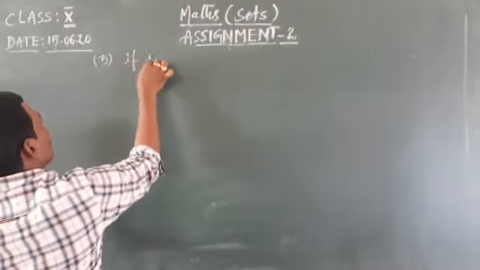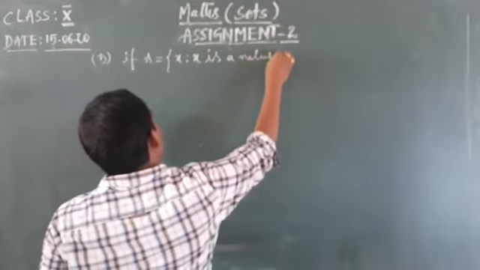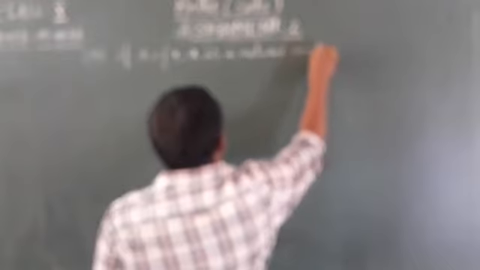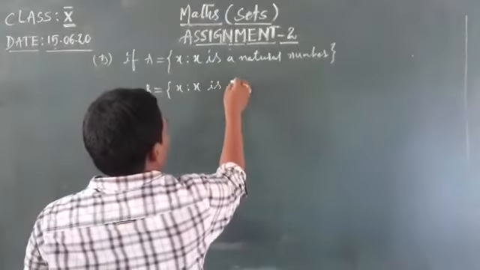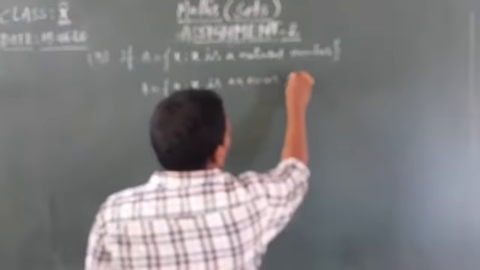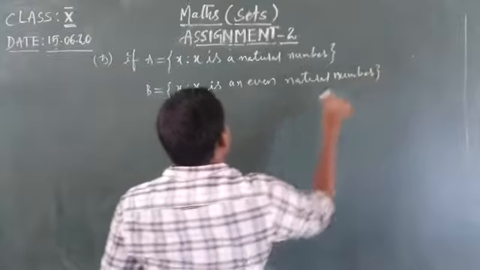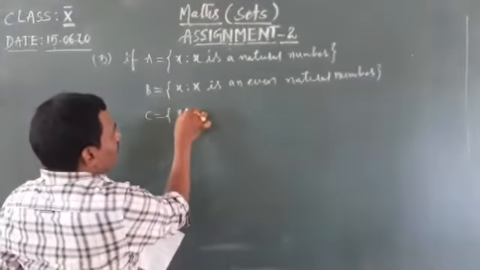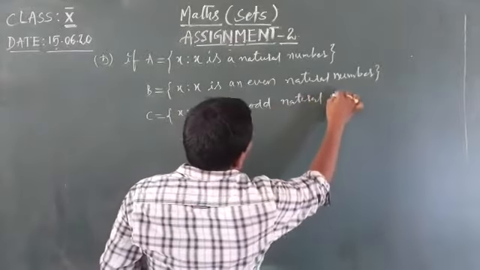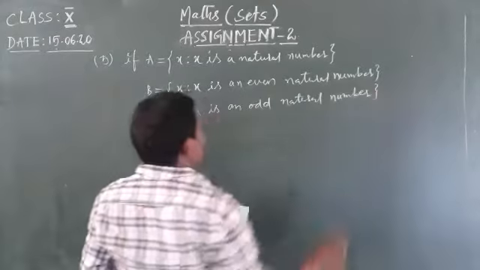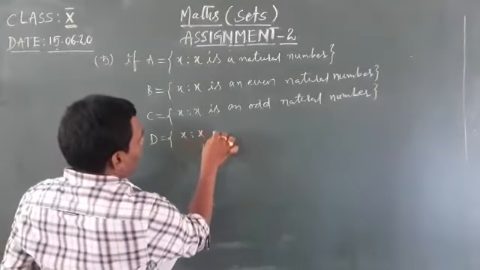If A is equal to {x such that x is a natural number}, B is equal to {x such that x is an even natural number}, C is equal to {x such that x is an odd natural number}, and D is equal to {x such that x is a prime number}.